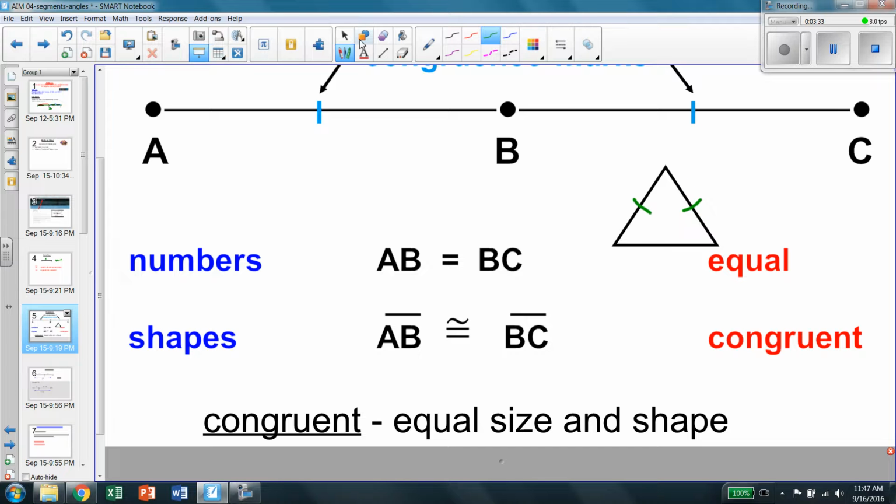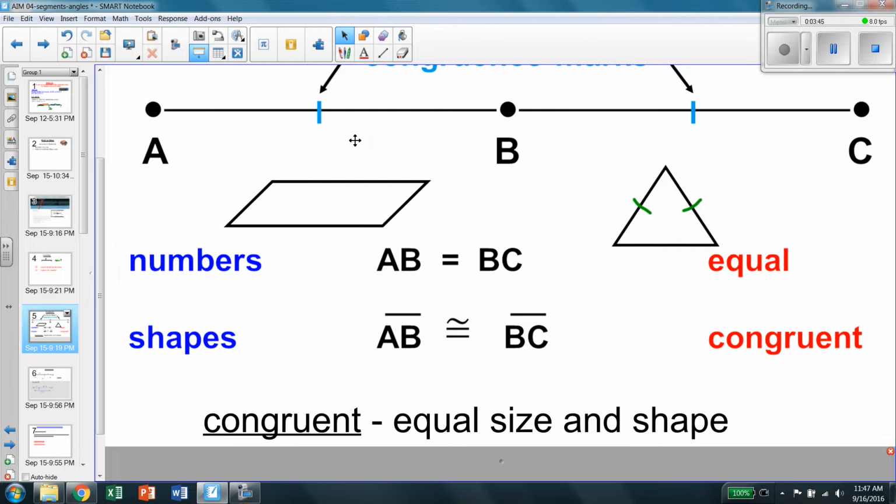Now sometimes you'll see it written, let's look at this parallelogram right here. Sometimes you'll see one mark here and one mark here, meaning these two segments are congruent to each other. And then you'll see 2 marks here and 2 marks here.